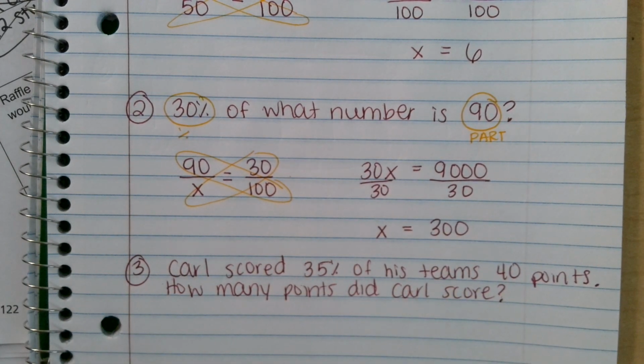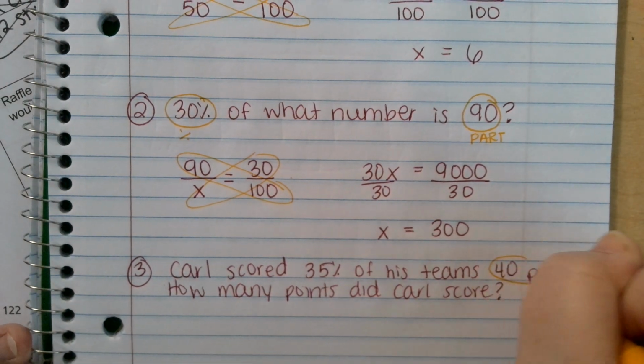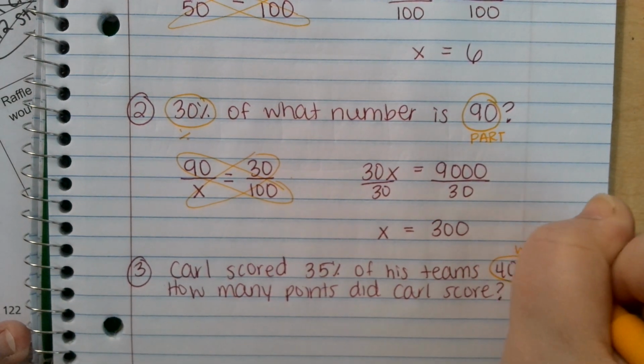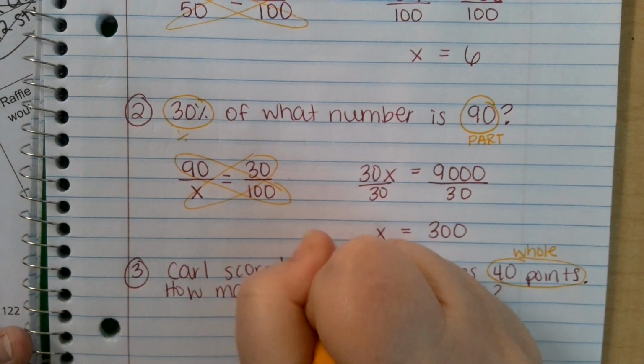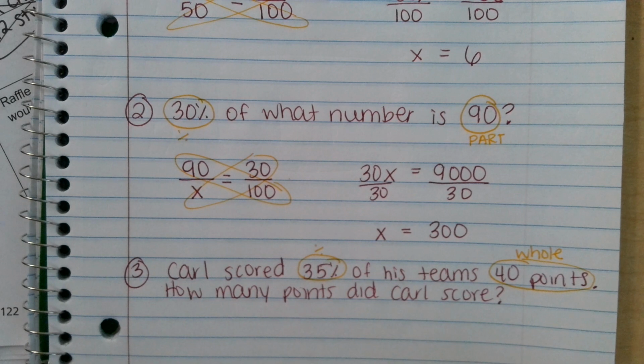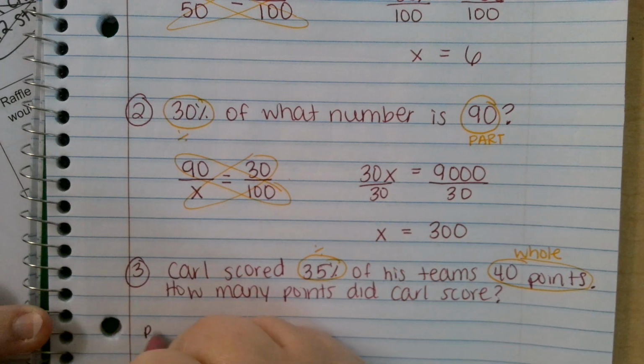So my part over my whole. So we want to know how much did Carl score. That's the part. 40 points is the whole because that's how much his whole team scored. 35 is the percent. So part over whole equals percent over 100.